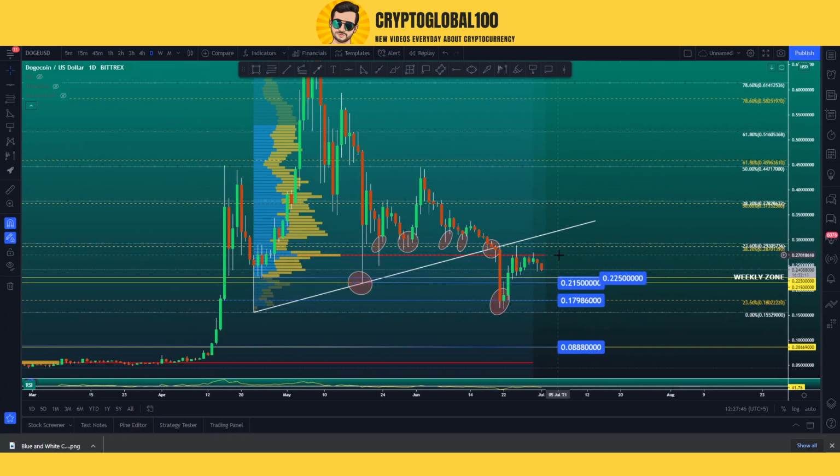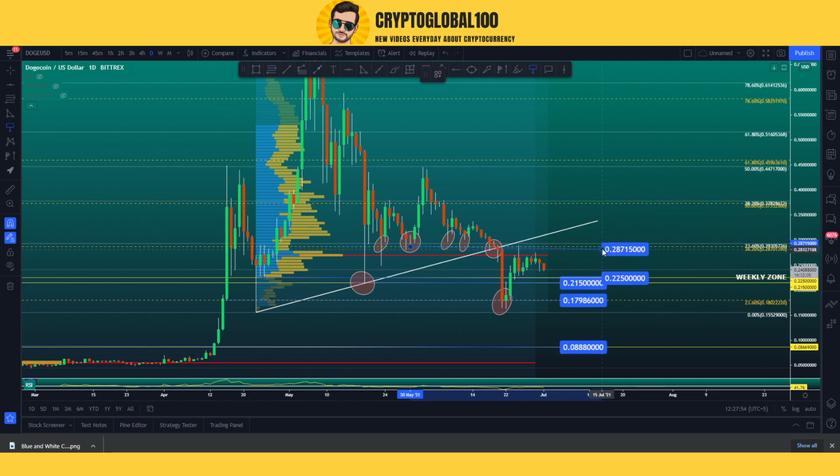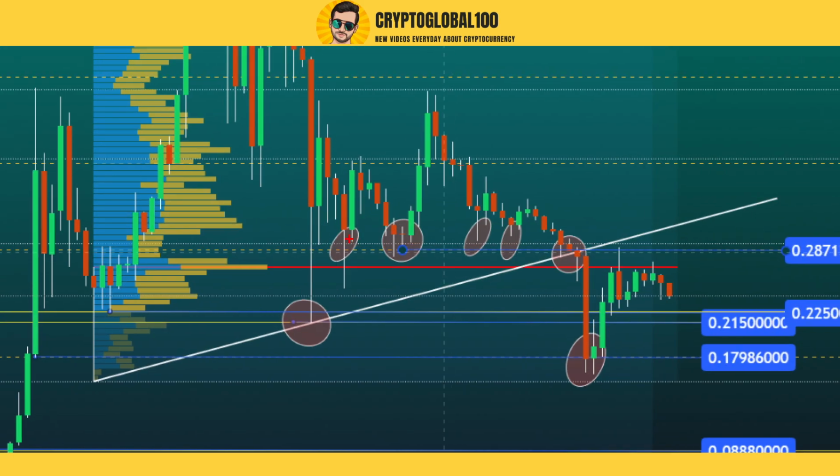Now at this area, let me draw the price here. This one, that would be good. If we take a look here, we see multiple times this area was tested.